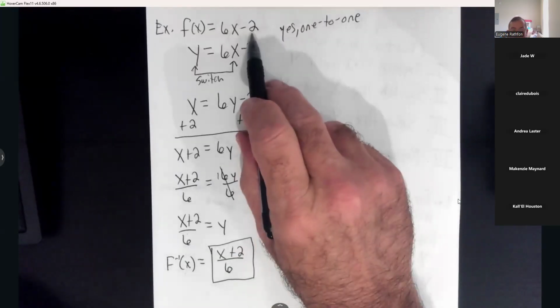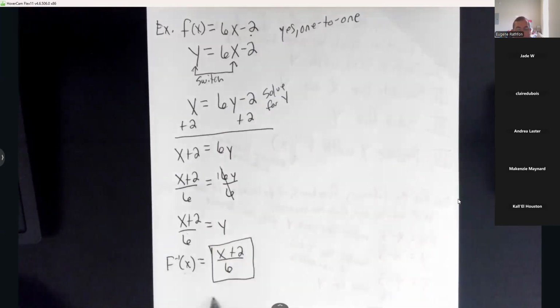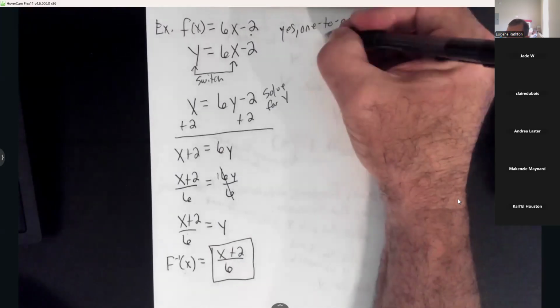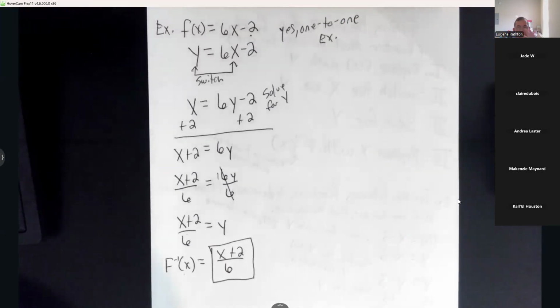So look once again. This was being subtracted. It's being added. This 6 was being multiplied. It's now being divided. Okay? So they actually have inverses of each other as you're going through these, okay?